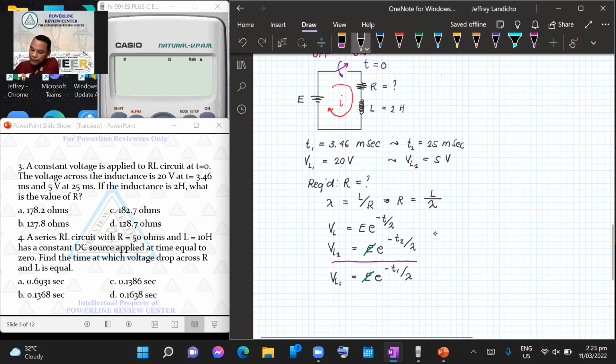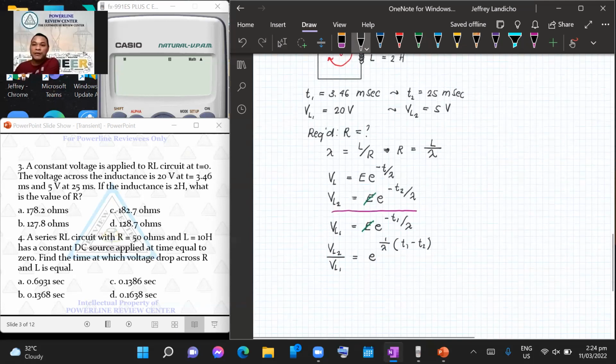So, this is VL2 over VL1 equal, copy the base, E raised to, ilabas ko na lang yung 1 over lambda, times t1 minus t sub 2. Gets ba?